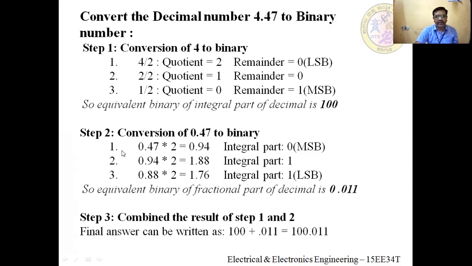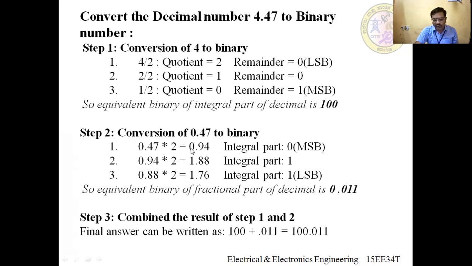In step 2, I have 3 steps. 0.47. Why have you taken 0.47? This is the fractional decimal part you need to convert. This is the given number. So why are you multiplying by 2? Because this is the required base. Right? The required base is 2.